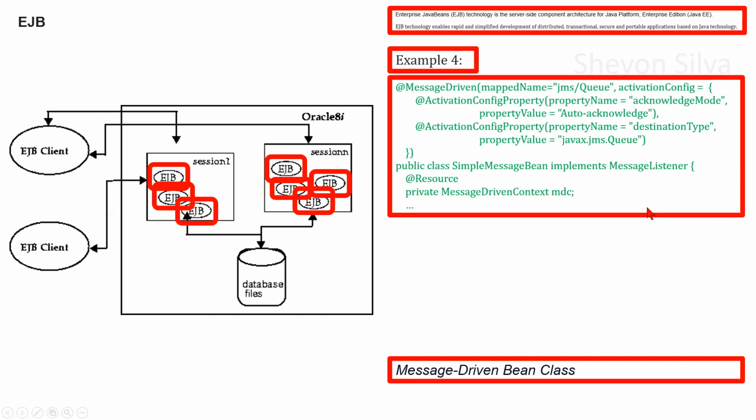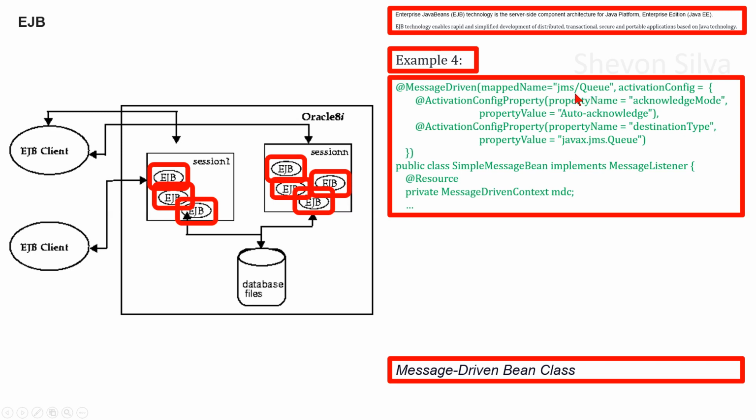For the Glassfish server, the @MessageDriven annotation typically contains a mappedName element that specifies the JNDI name of the destination from which the bean will consume messages.